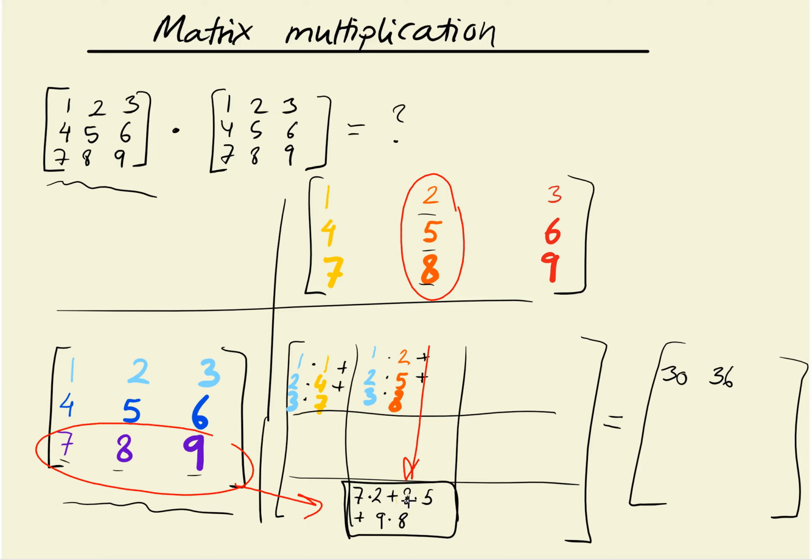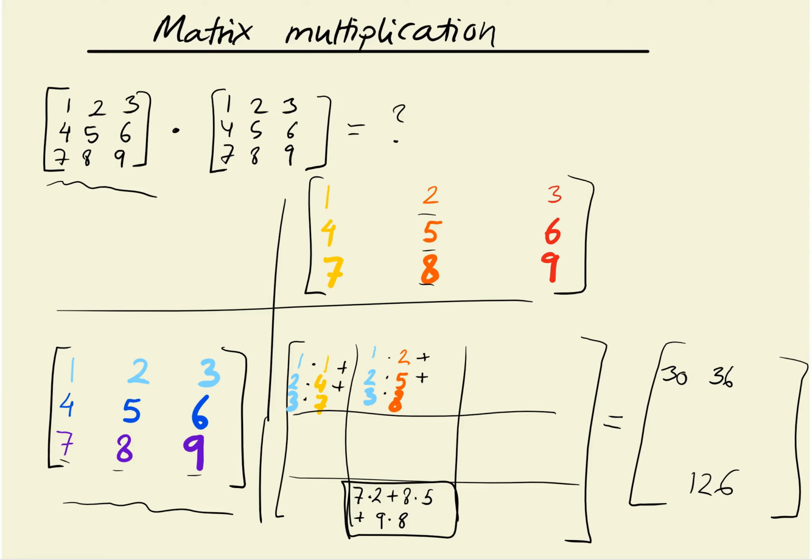And the result is 14 plus 40 plus 72. That's 54 plus 72. That's 126.